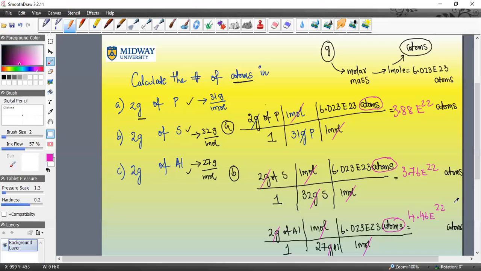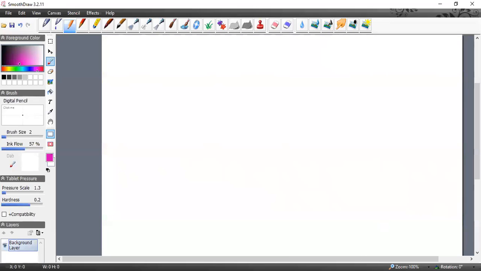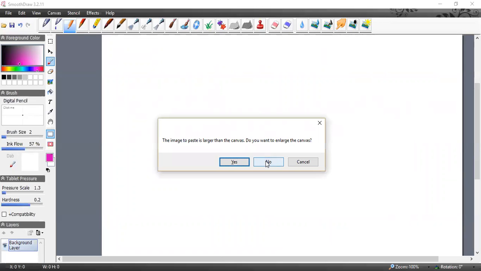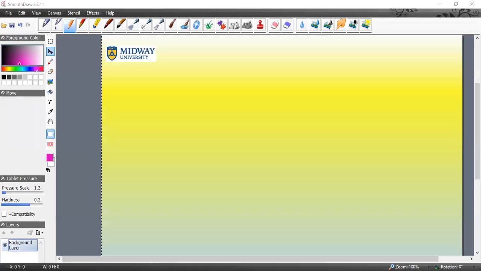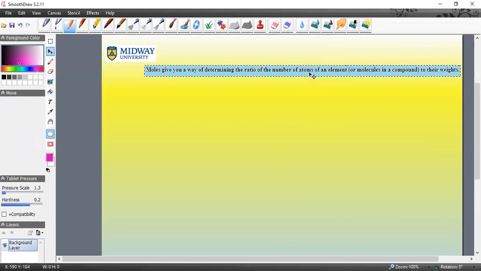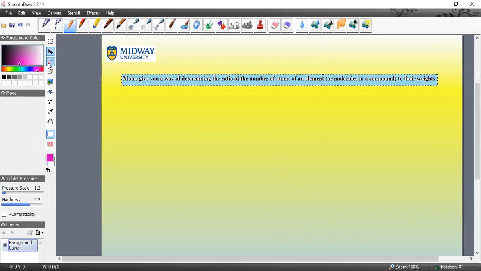So I would like to bring this little visual up. This is by far my favorite definition of what a mole is. There are much more technical ones than this, but to me, this really captures the idea of moles.